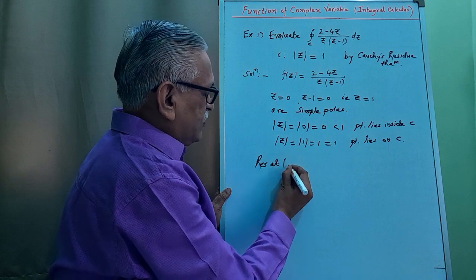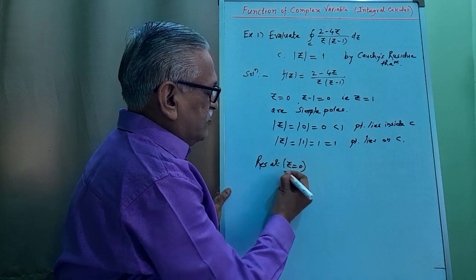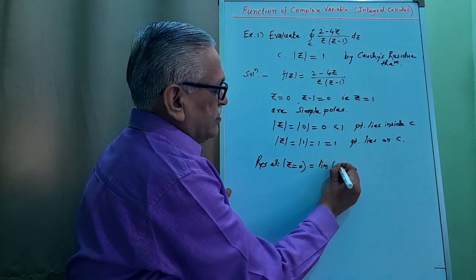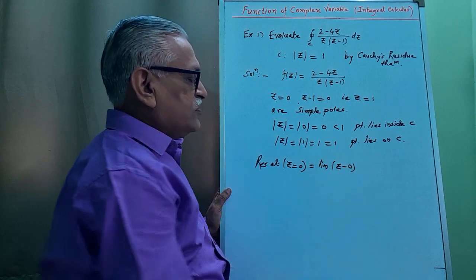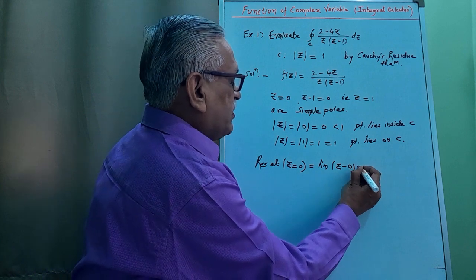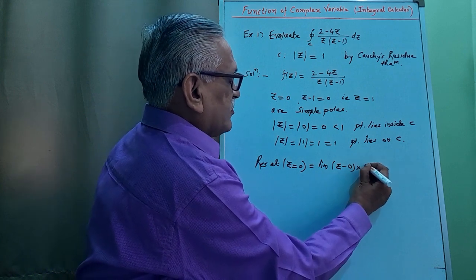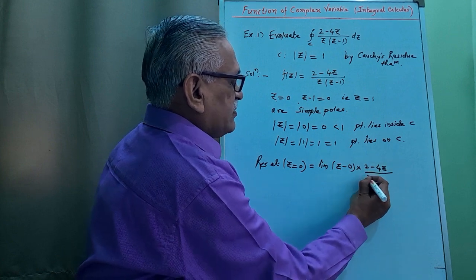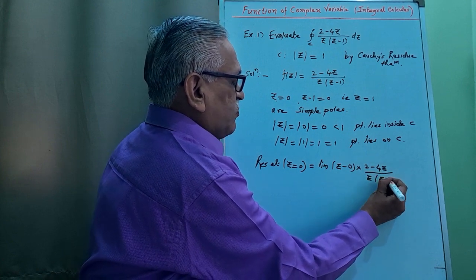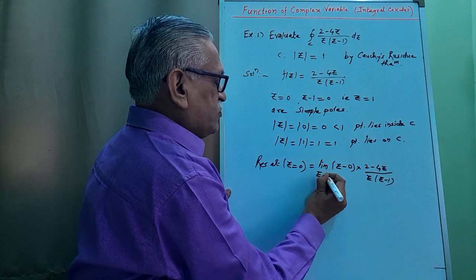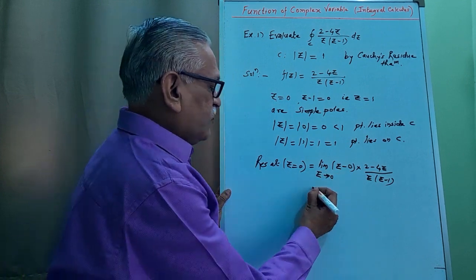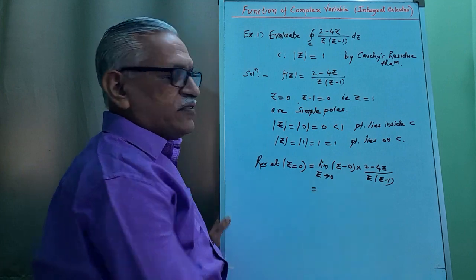at the first pole z equals 0 as the limit of (z minus a), here (z minus 0), into f(z). f(z) is (2 minus 4z) whole divided by z multiplied by (z minus 1), and the limit as z tends to 0. Therefore, the z gets cancelled.